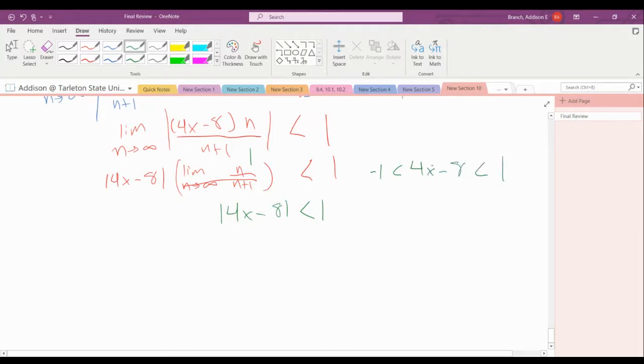Now we can check our x values to see what our interval is. So we get 4x minus 8 is equal to 1. So we can get 4x is equal to 9 over 4.